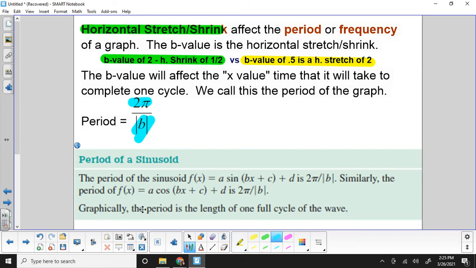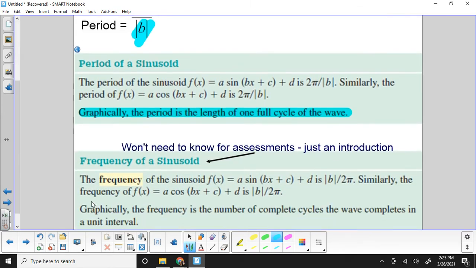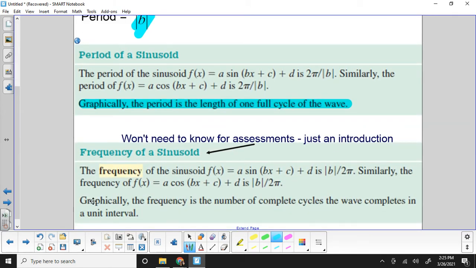Again, the graphic representation of a period of a graph is the length it takes for one full cycle of the wave to be completed. The frequency of the sinusoid is not something that will show up on an assessment, but is often used in applications.